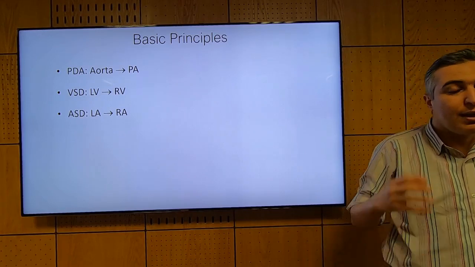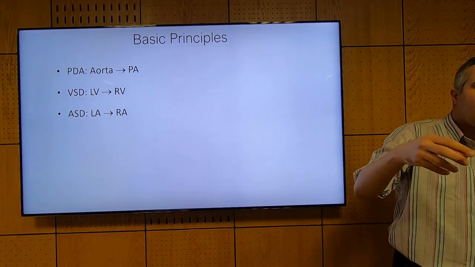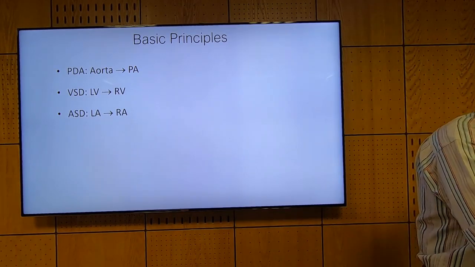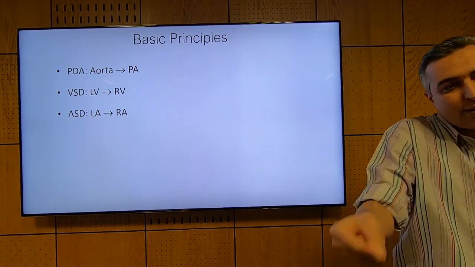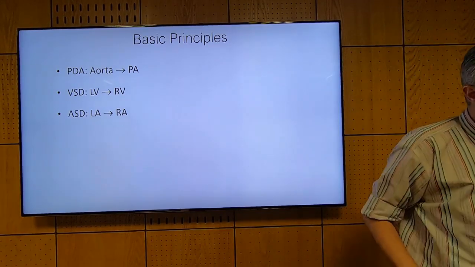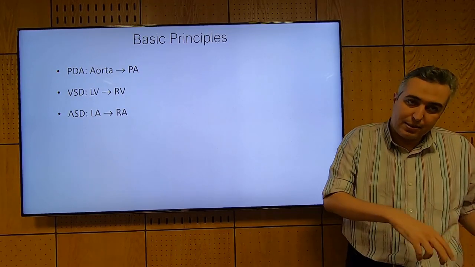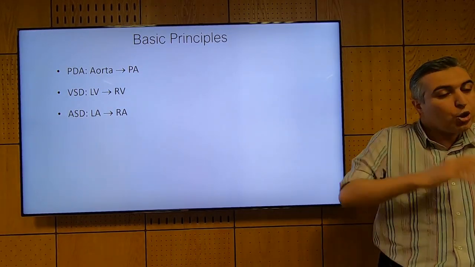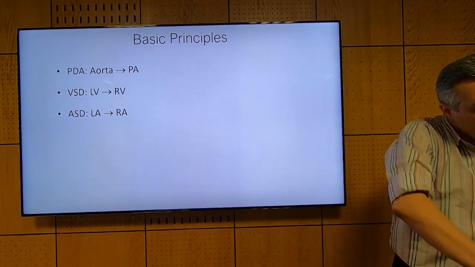Okay? The right ventricle compliance is much more than the left ventricular compliance, because the right ventricular wall thickness is much less than the left ventricular wall thickness. And so if the left ventricular wall thickness is thicker and you have to push the same amount of volume, you have to push by higher pressure.